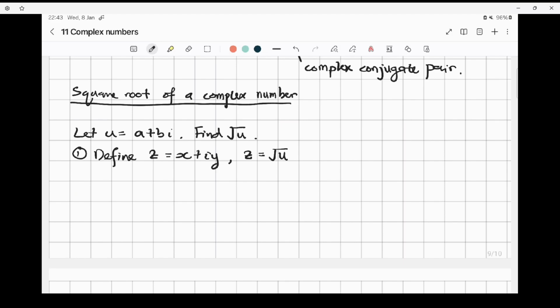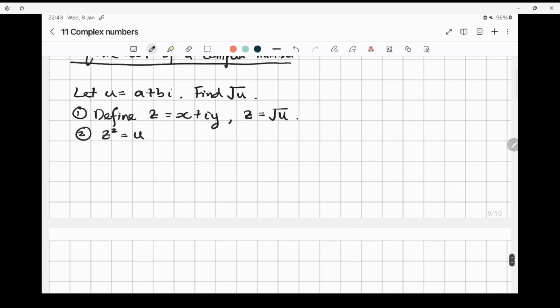Then we compare both sides. Since z equals the square root of u, z squared will be equal to u, right? So the next step is to square your z. So (x plus iy) squared equals a plus bi.